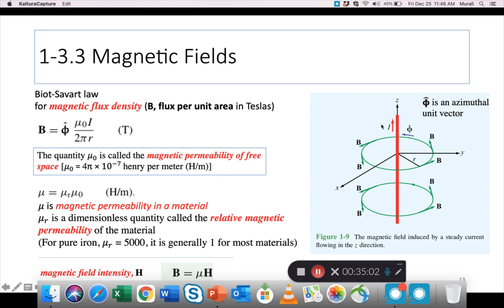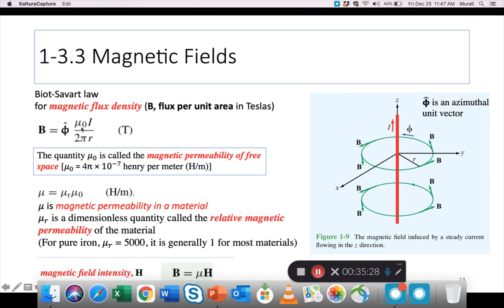So what this says is, if there is a current flowing in a conductor in the z axis, then the magnetic field created is shown in this direction, and the formula for the magnetic field, which is a vector, a magnetic field density B, or flux per unit area in Teslas, is given by this.